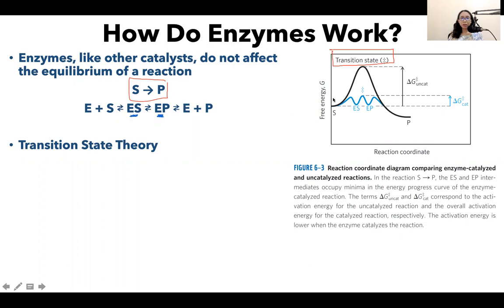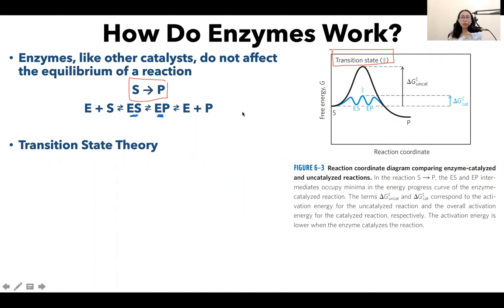In this case, for example, we can imagine a transition state between the substrate and the product. So this can be described by some bonds that are almost broken and some bonds that are almost formed. That's how you describe your transition state.